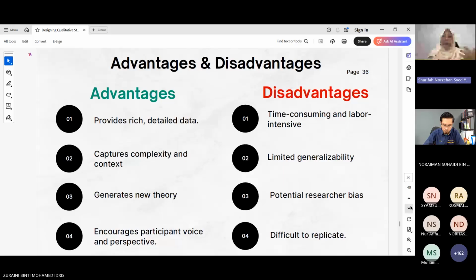And the data is coming from participants, not from you. What I don't like about it is that it's time consuming and labor intensive. Why? Because after every interview, you have to transcribe.